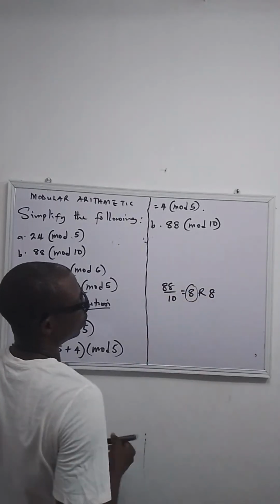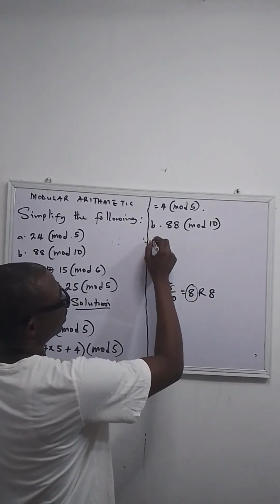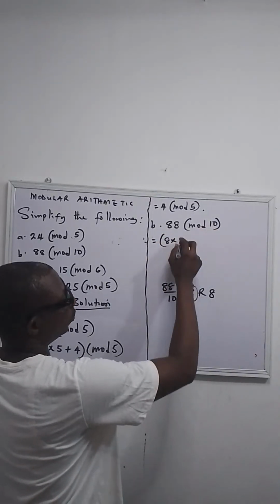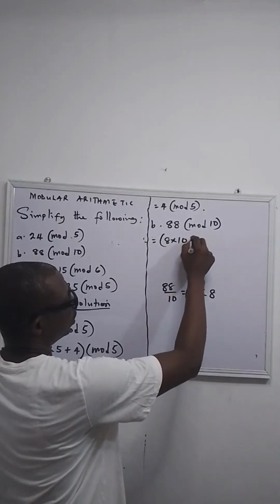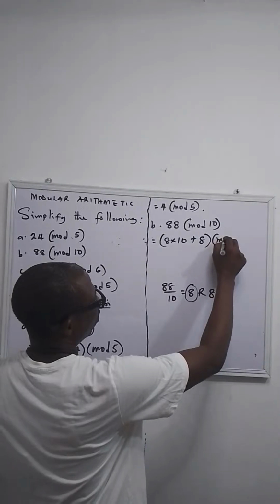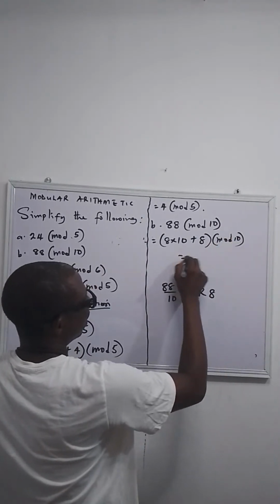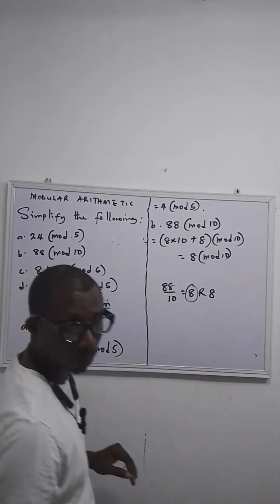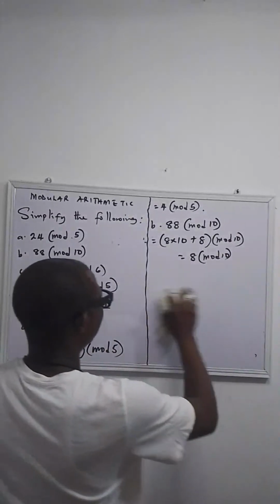Now we write this 88 as 8 times the modulo, plus the remainder. The remainder is 8. So our answer is 8 mod 10. I hope you understand that. All right, now let's look at the next one.